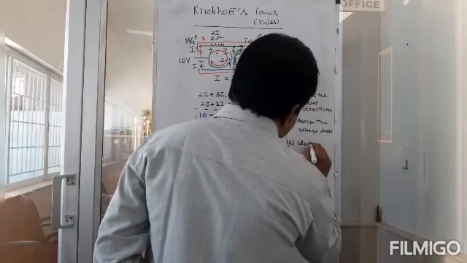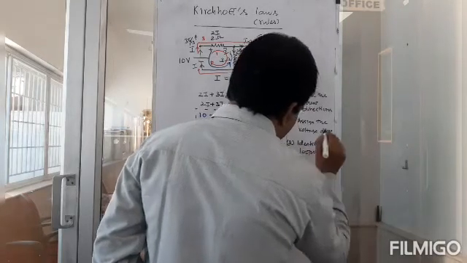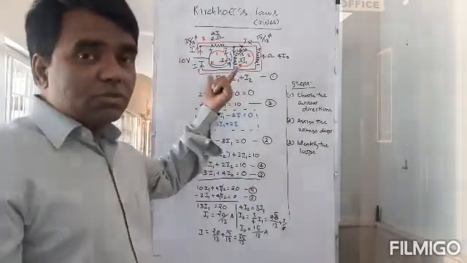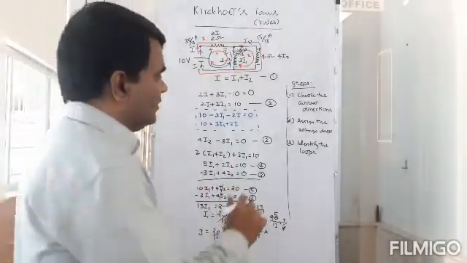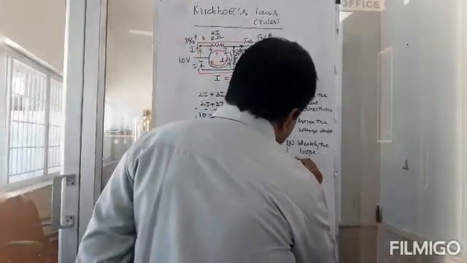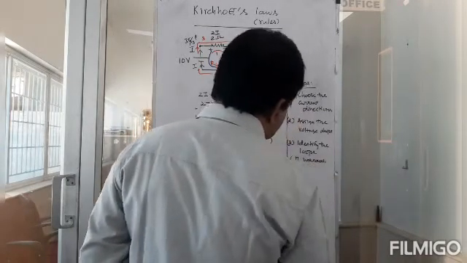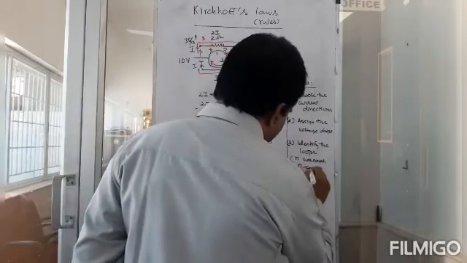Once you have done that, then three, identify the loops. If there are n unknowns, then you require n equations.